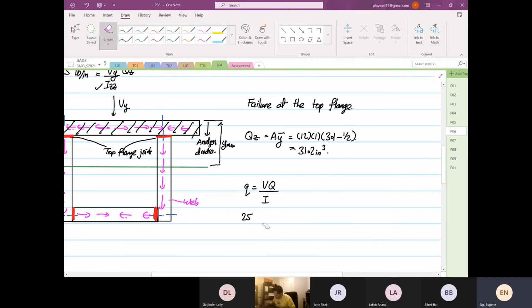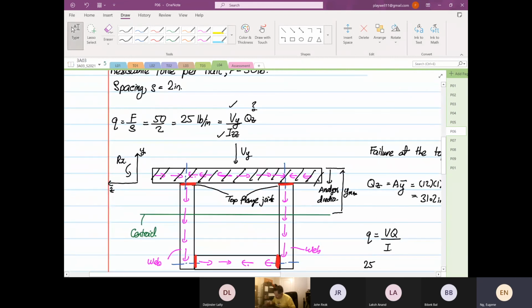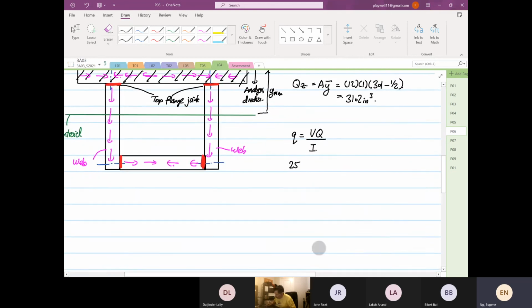Now, 25 is only per nail. But over here, it has been split to left and right, yes or no? Over here, the nails that are holding it, you have the left nail and you have the right nail. So you have to multiply by 2.